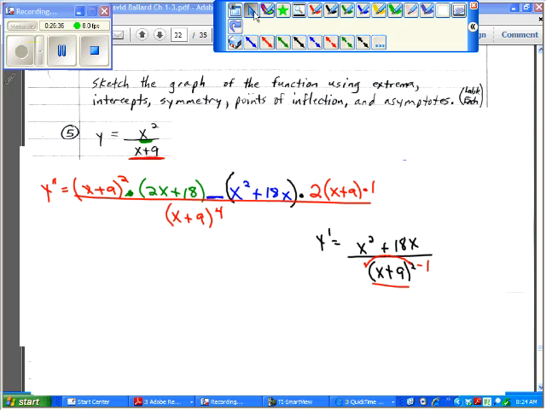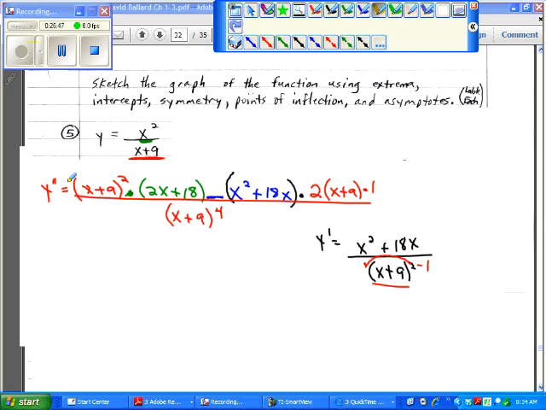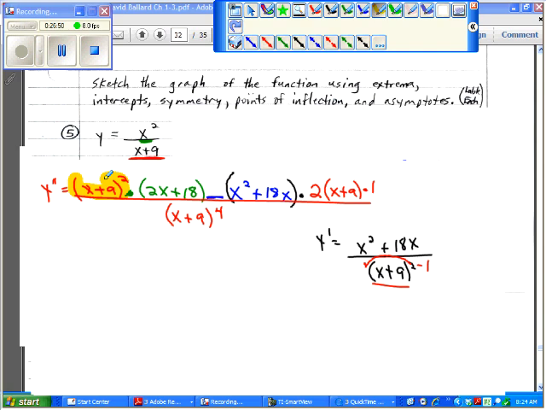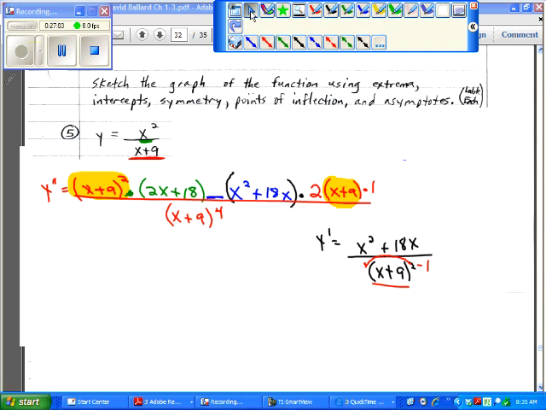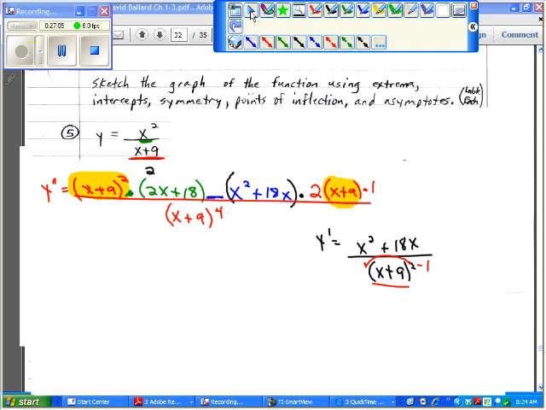Now, we want to try to find a common factor where we can factor out a common factor. And if you look at these two terms, you're going to see that they both have an x plus 9 to the something. Now, these two factors don't match, but this does, right? Now, we could think of this as a 2 times x plus 9.